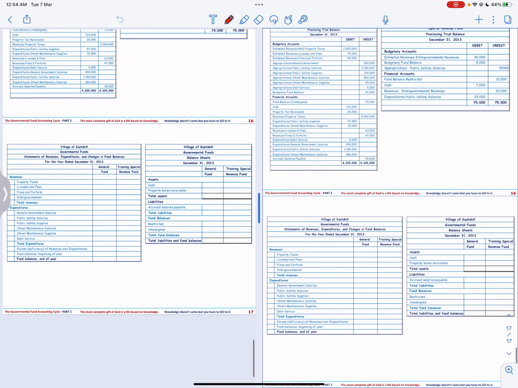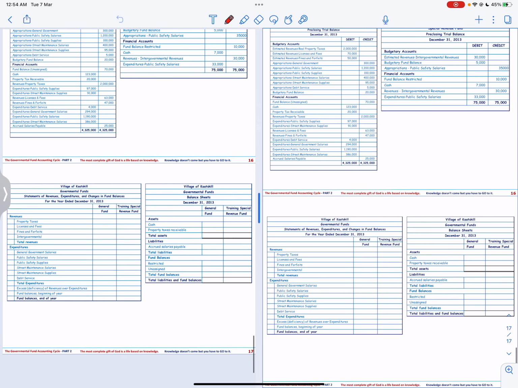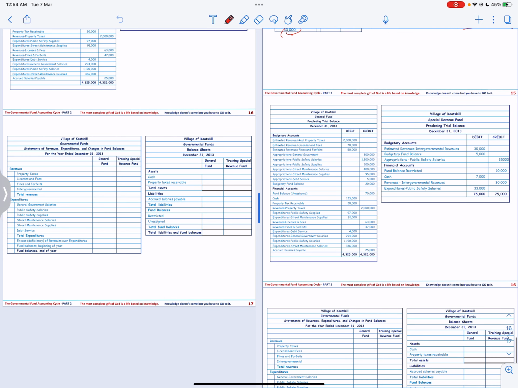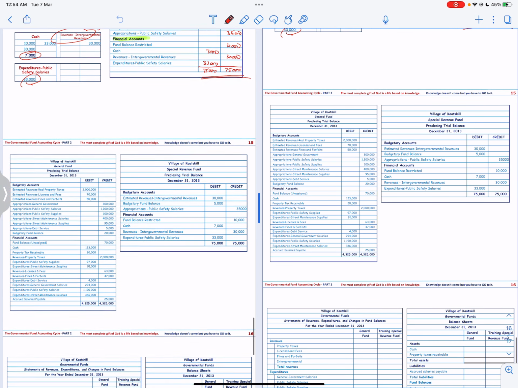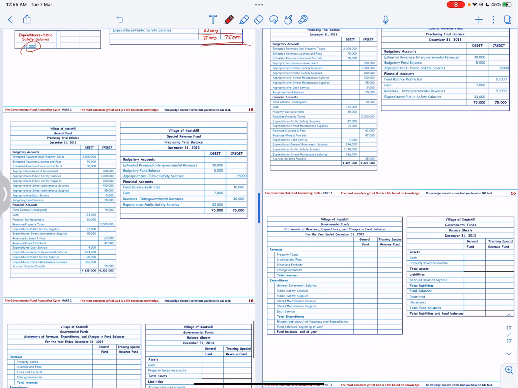So first of all we are going to prepare the statement of revenue, expenditure, and changes in fund balance. And you can see that when we prepare the statement, we put the two funds together.